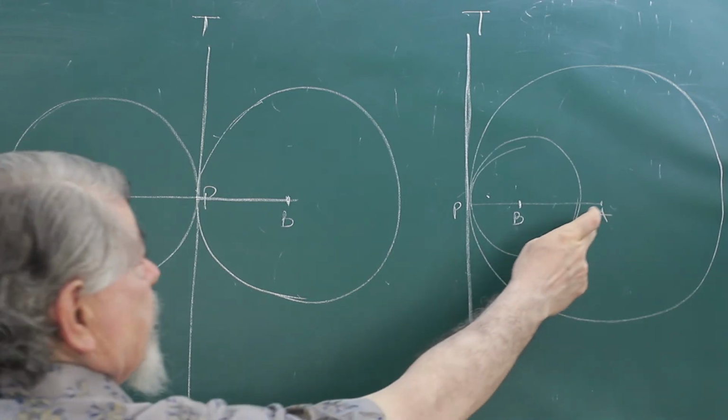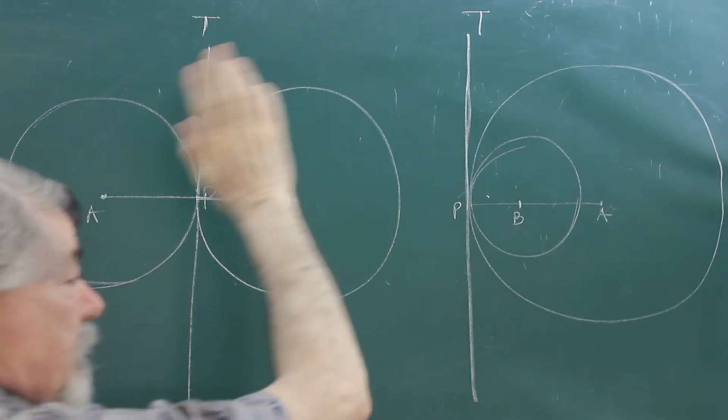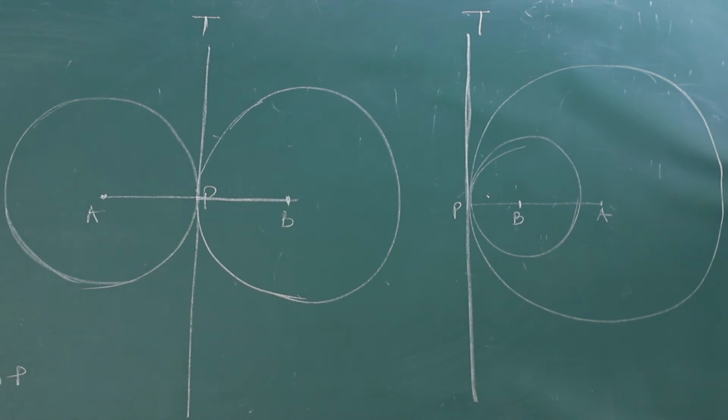Here in this case, APT and BPT are both the same and make the same angle at the same point. That means P lies on the line joining AB. So the point of contact of two circles touching each other will always lie on the straight line joining the centers of the two circles.